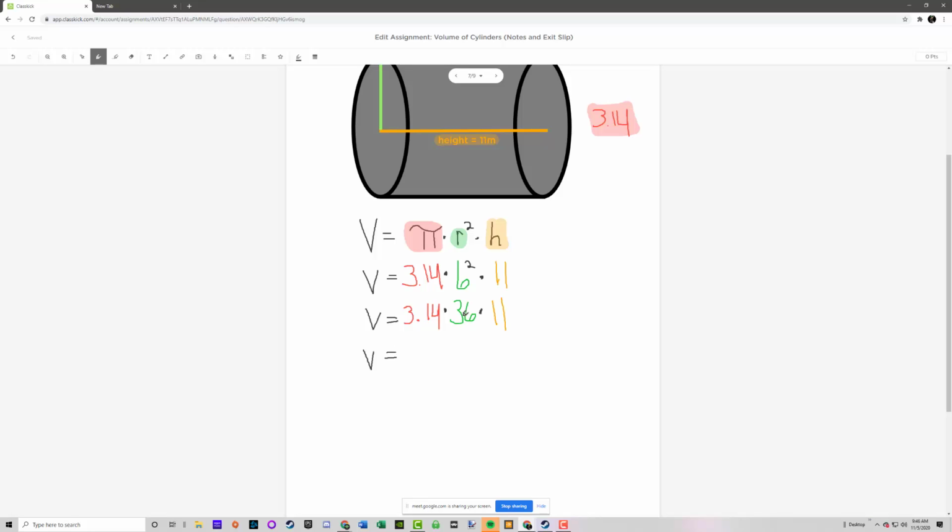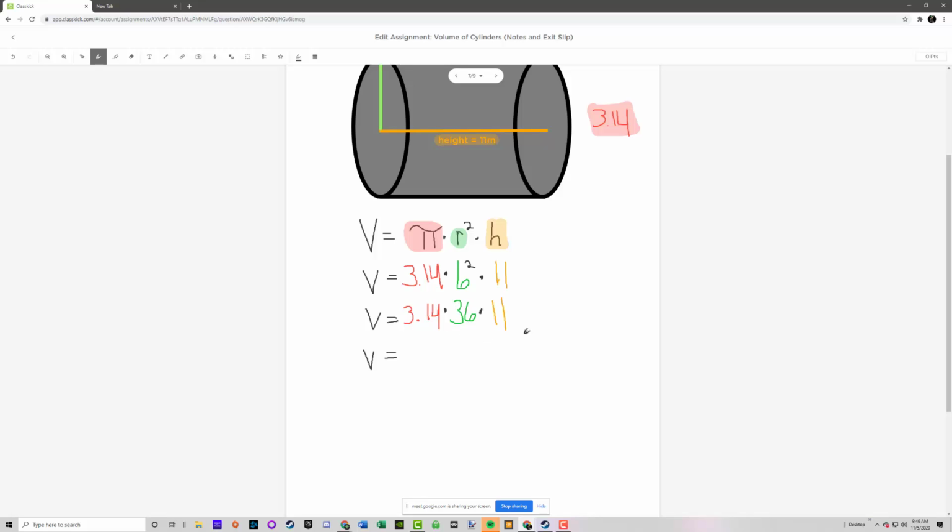Now we've taken care of our exponents. Now what do we do? Divide? I don't see any division here, though. I only see multiplication. Yes. So let's go ahead and multiply, because that's all we have left.